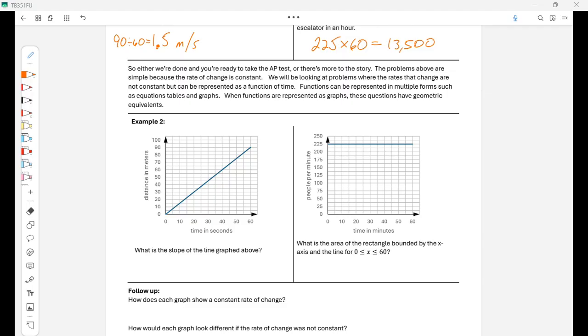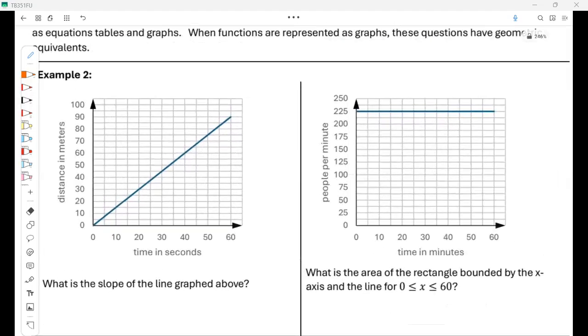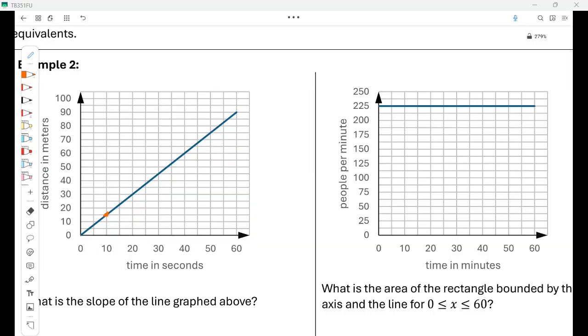So on the left, I have a graph. It represents that same information from the problem above, right? It goes to 60 seconds, and the distance traveled is 90 meters, but the question's different. It's saying, what is the slope of the line graphed above? Well, what is that slope? Grab some points. Yeah, it is up 3 over 2.